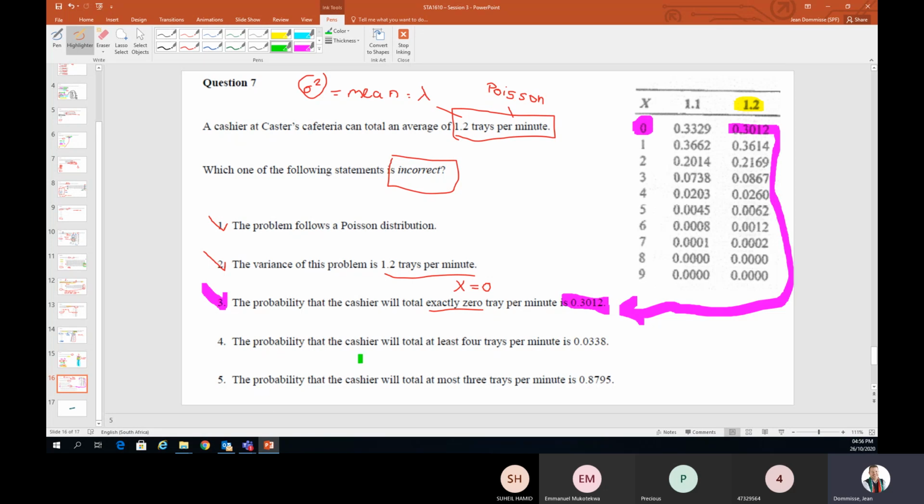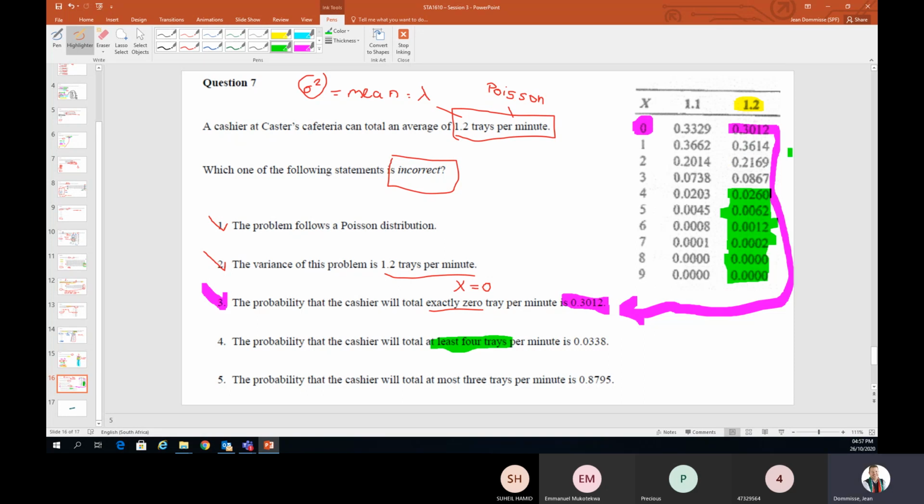The probability that the cashier would total at least 4. So at least 4 means 4 or more. Okay, so it's basically that group. Now the question is, do you add all of those or do you say 1 minus that? It doesn't really matter.